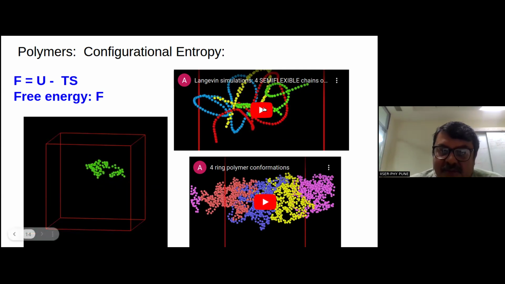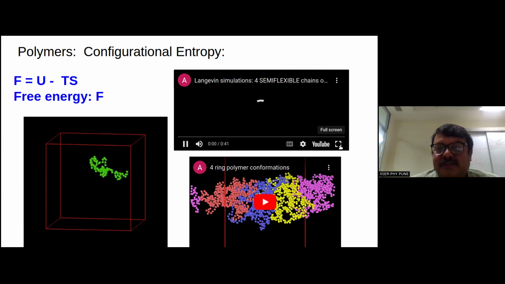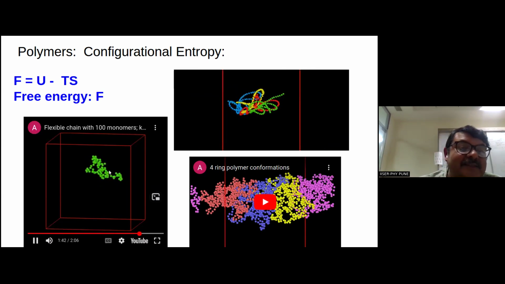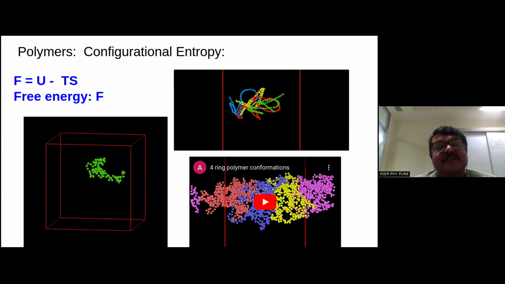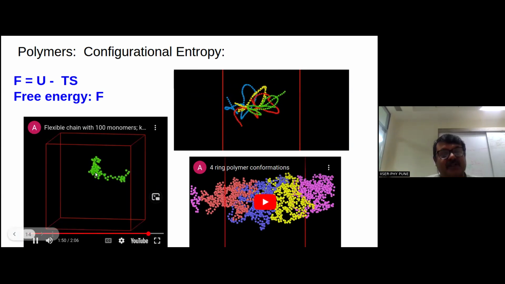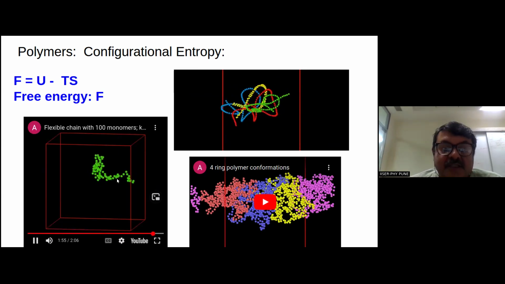Now here, what I want to show is that you have some chains which are semi-flexible. This was a flexible chain. And I already told you that statistical physics starts from a random walk, so it has an average size which is much smaller than if the polymer was stretched out.